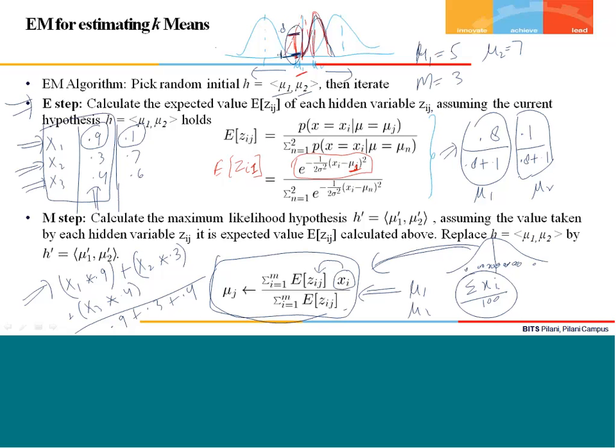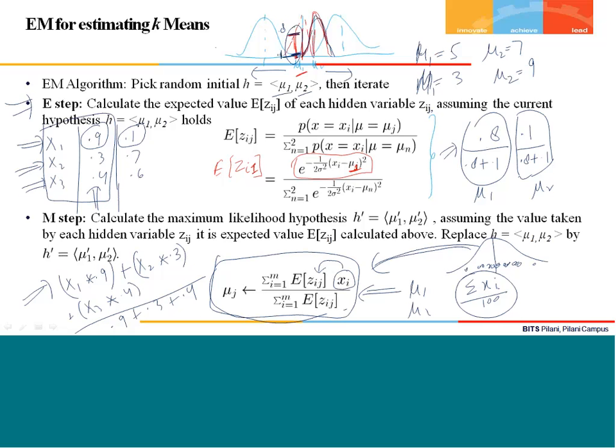Let's say mu1 is now 3 and mu2 is, let's say, 9. You take these new values of mu1 and mu2 and repeat this process again until mu1 and mu2 do not change in the iterations.